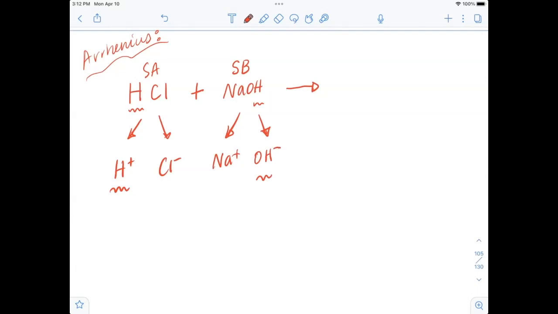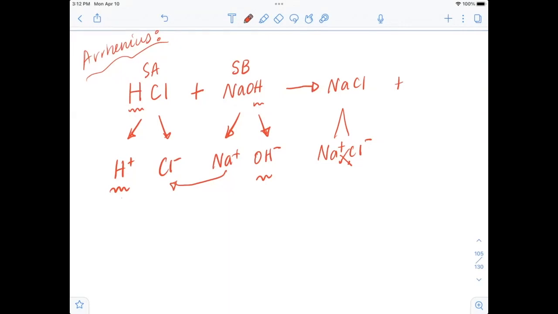So as these two are reacting, the sodium goes off with the chlorine to form sodium chloride. Essentially you have the sodium ion getting together with the chloride ion, the positive ion from the second going off with the negative ion from the first to form sodium chloride. This crisscrosses here, and we get this compound, right?